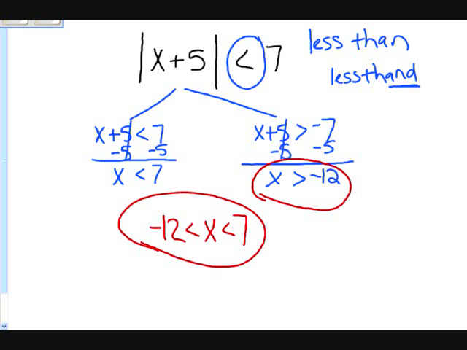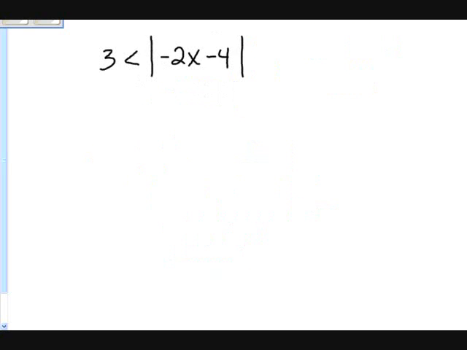So anytime that we have absolute value inequalities, if it's a less than symbol, it's "and," and we have to write this together. Let's take a look at this one. Now, this one looks like a less than, but the absolute value bars are on the right hand side.